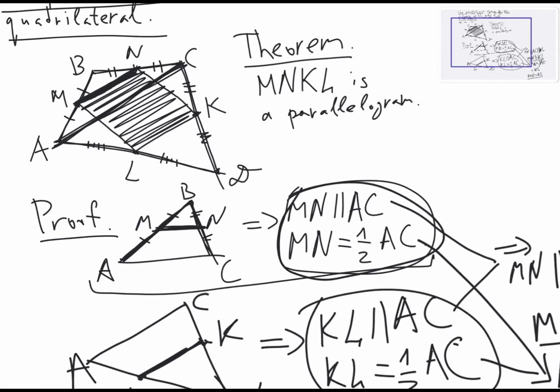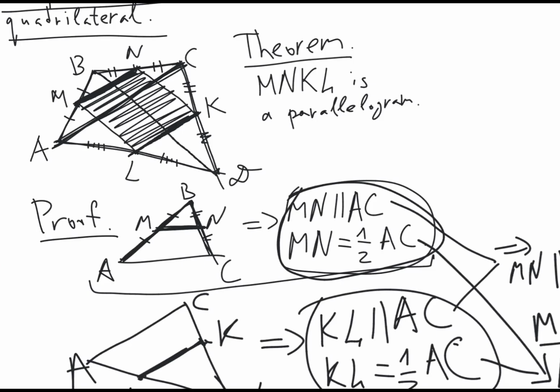From this, it is already enough to conclude that MNKL is a parallelogram, but we can also establish similarly, if we consider the other diagonal BD and consider the triangles BCD and BAD, that NK is parallel to ML and NK is equal to ML.